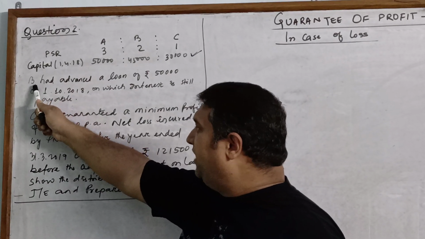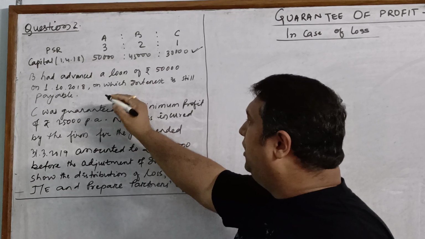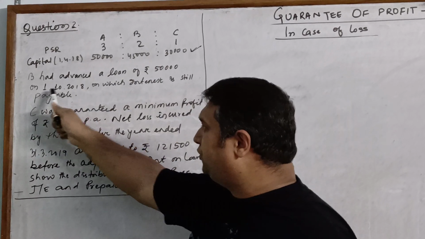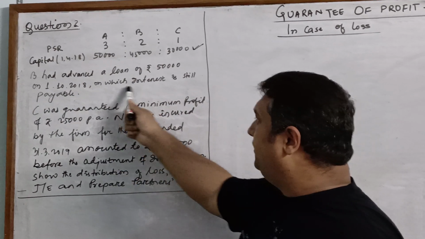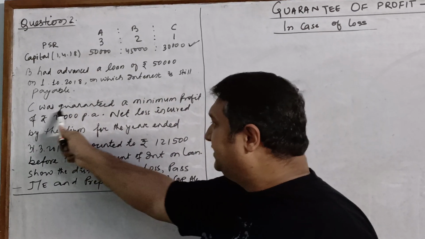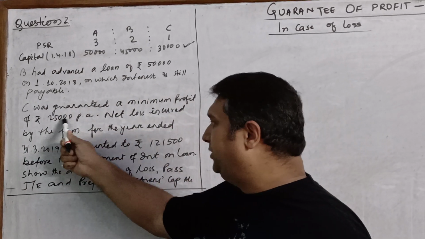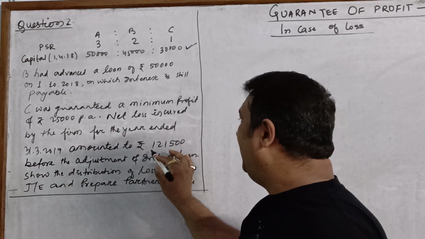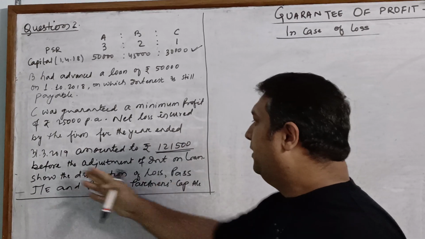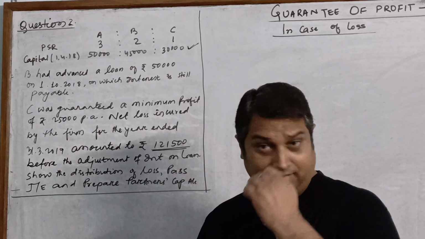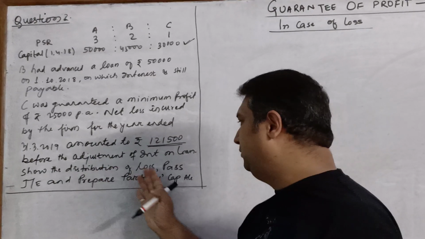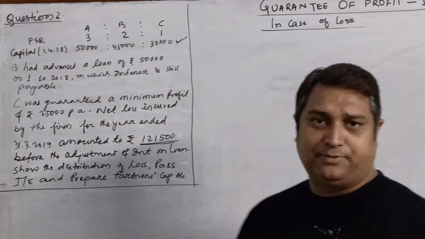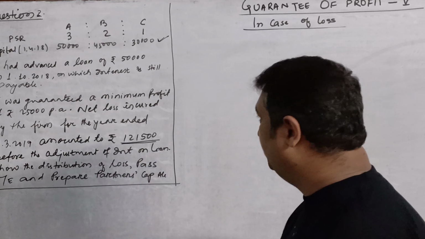The only change which I have made is that B had advanced a loan of rupees 50,000 on 1st October 2018, on which interest is still payable. C was guaranteed a minimum profit of rupees 25,000 and the net loss of the firm is rupees 1,21,500 before the adjustments for interest on loan. We have to show the distribution of loss, pass journal entries and prepare the partners' capital account once again.